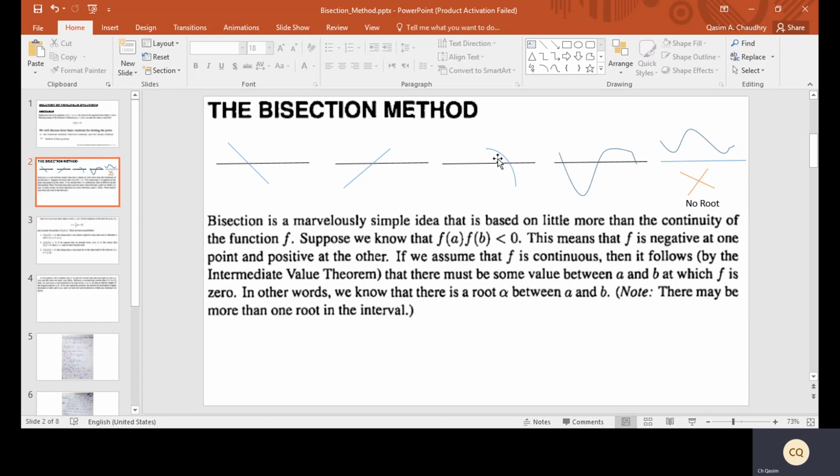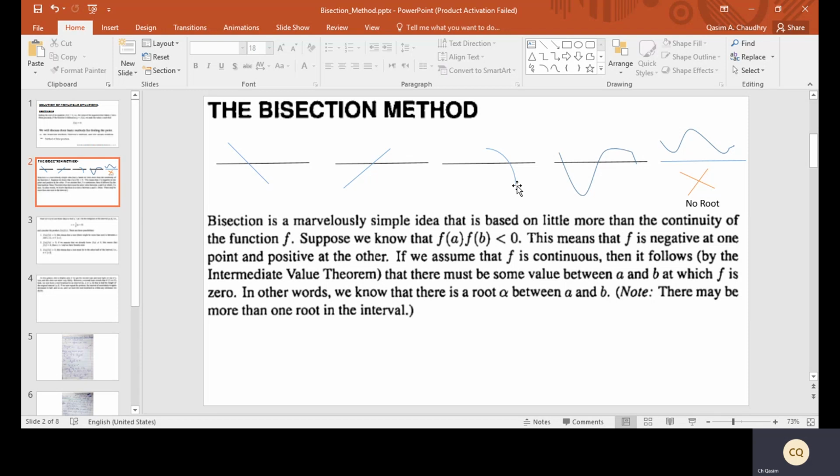Students, now if you see this third one, this is again positive and the second end is negative. So it means, if we have one positive end and the second a negative end, or the first negative end and the second positive end, and the function is continuous, it will definitely cross the x-axis.